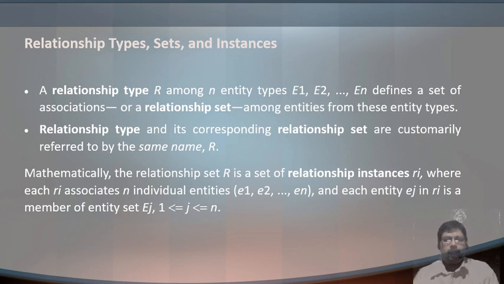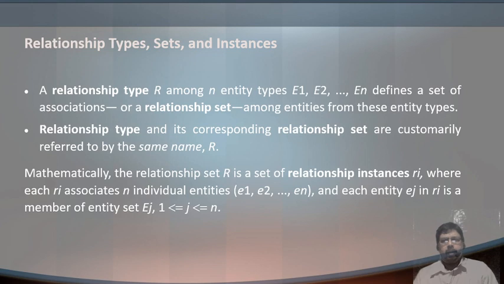If you go practically, employee is an entity, department is an entity, project is an entity, correct? Then dependent is an entity, and so on. These are all different entities and they have an association. So how is this association created? By joining these entities. How this is done we will discuss in the next topics.